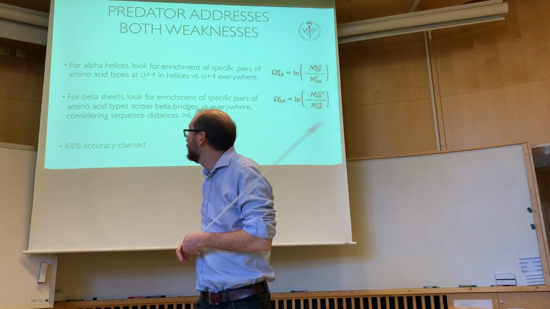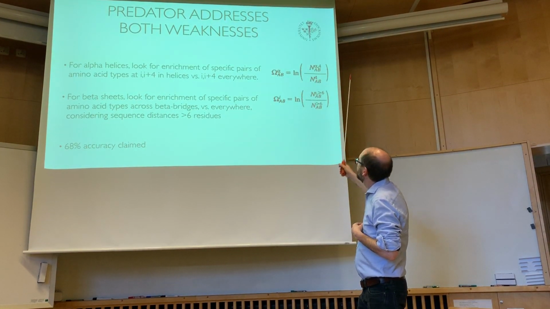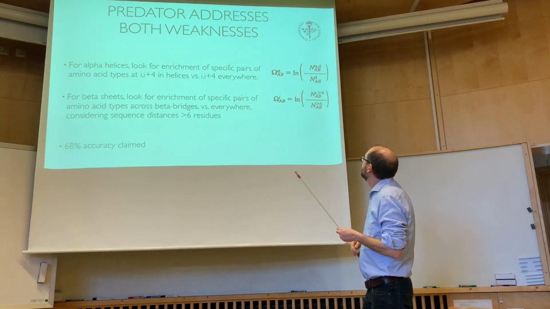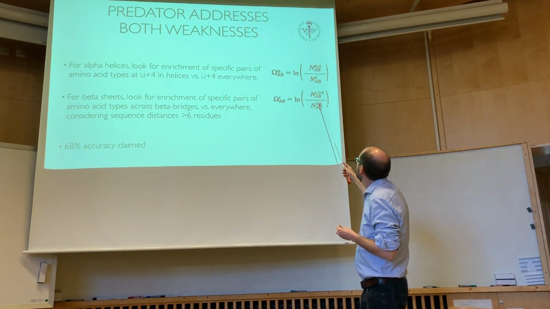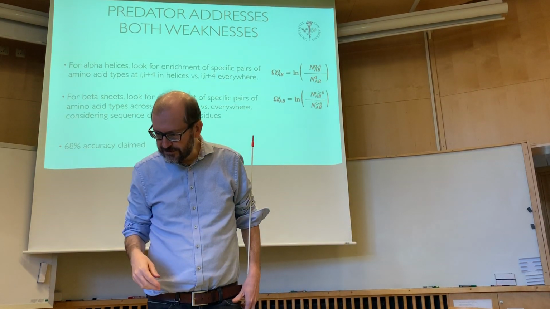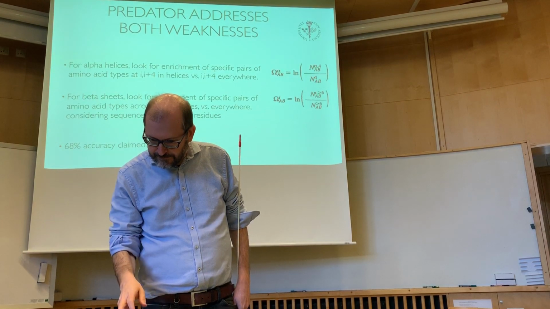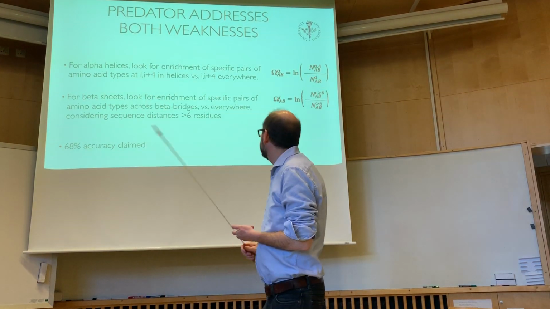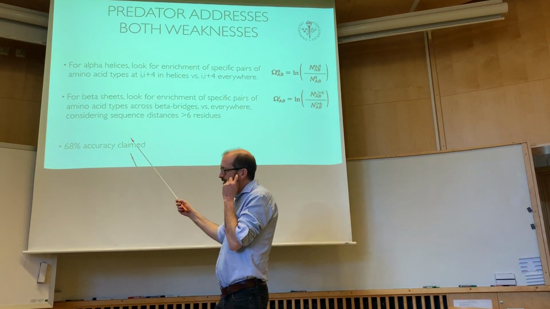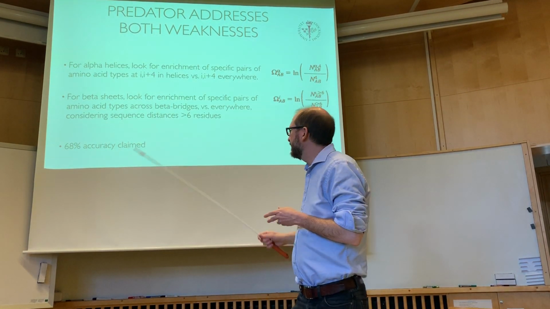That would be the case for the alpha helix i plus 4 interactions, and then you treat these interactions across beta strands some other way, right? Okay, and so this claimed a slight increase in accuracy over GOR. GOR reported 63%. These guys reported 68%.